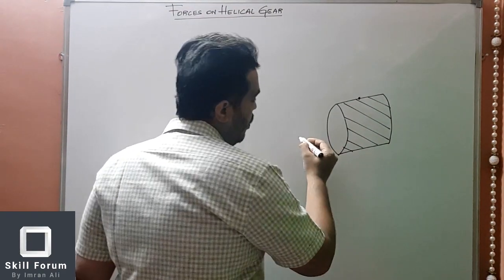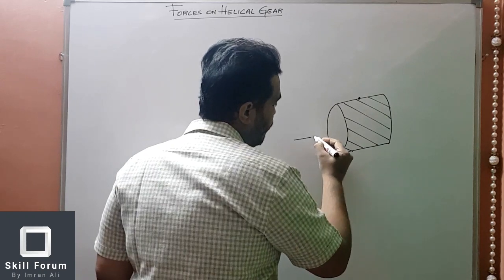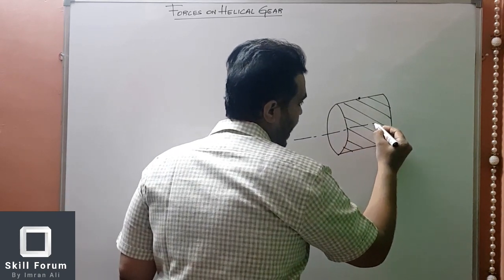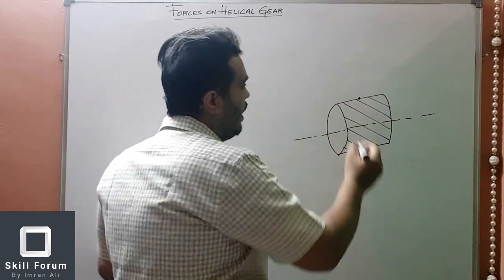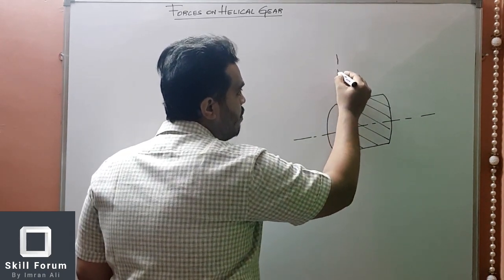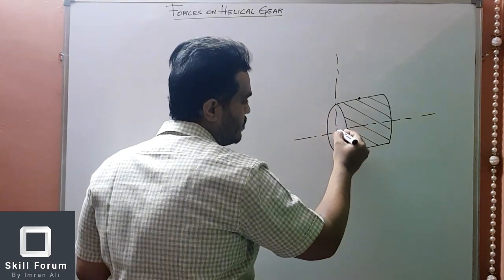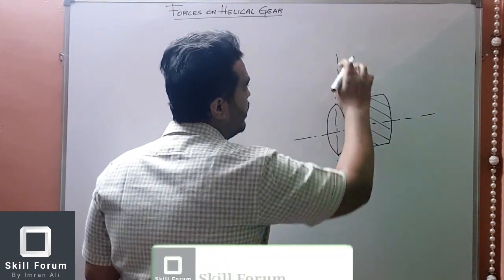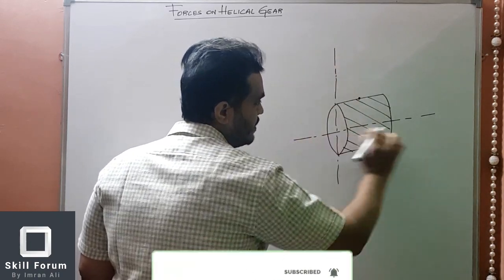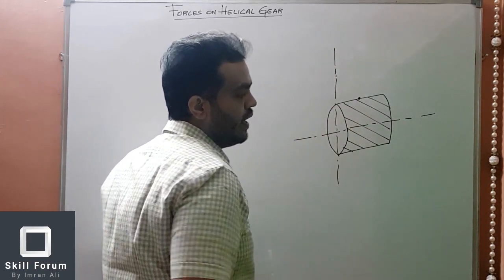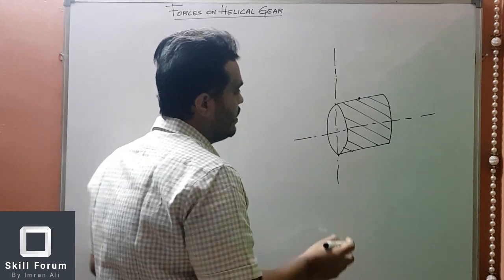For this helical gear, this is the axis of the shaft, and another one is the perpendicular axis, perpendicular with respect to the axis of the shaft.